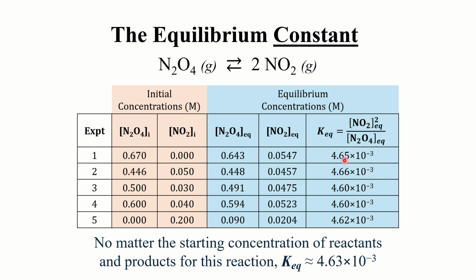And this equilibrium constant should be the same or approximately the same no matter the initial concentration of the reactants and products for the reaction. So in all five of these trials, despite the different initial concentrations, we get an equilibrium constant right around 4.63 times 10 to the negative third.